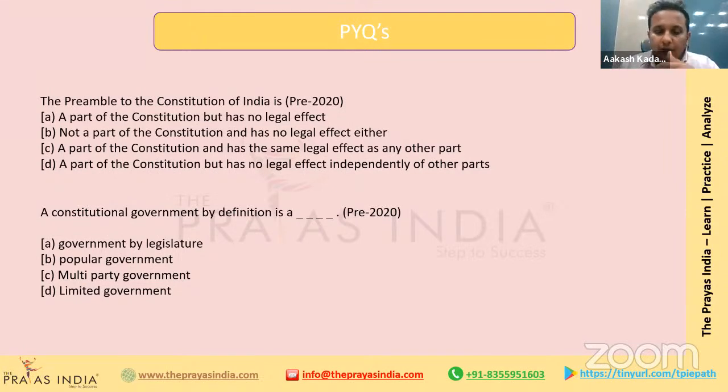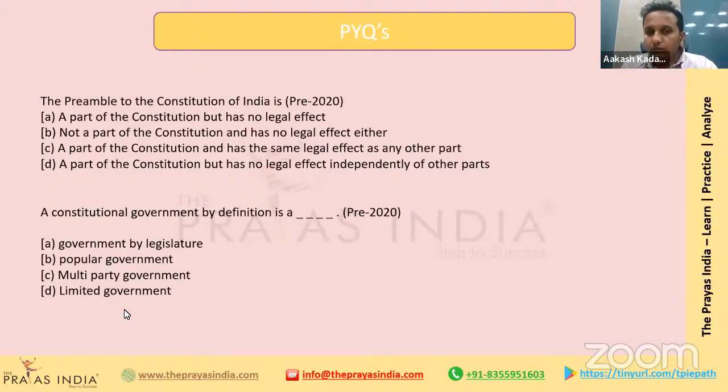Apart from that, another question asked in the 2020 prelims was: a constitutional government by definition is what? The options were a government by legislature, a popular government, a multi-party government, and a limited government.